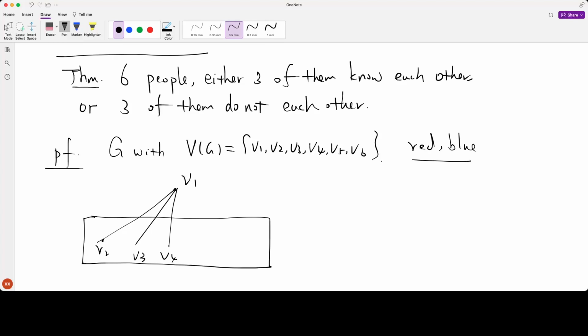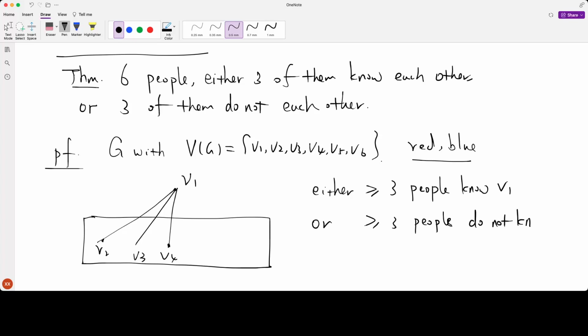It can be larger. What I'm saying is that either at least 3 people know V1, or at least 3 people do not know V1. Okay, this is just the pigeonhole principle.